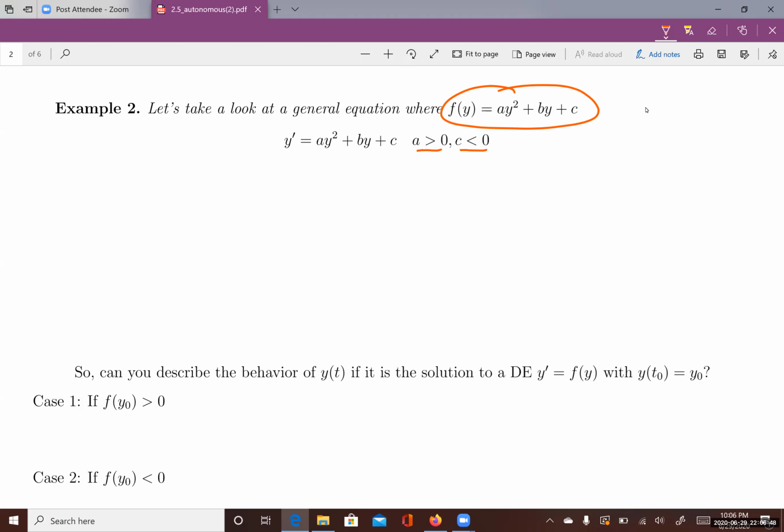If y prime equals a quadratic, then you can easily find equilibrium solutions, the solutions for which the derivative of y equals 0. So if you set y prime equal to 0, that means ay squared plus by plus c equals 0. Since this is a quadratic, we know how to solve for y.